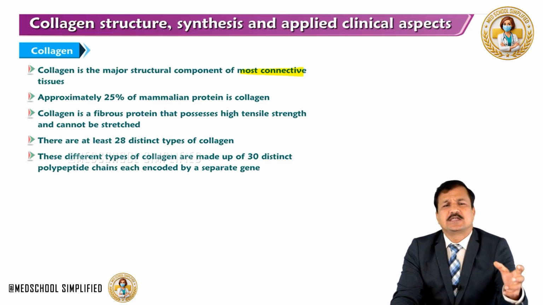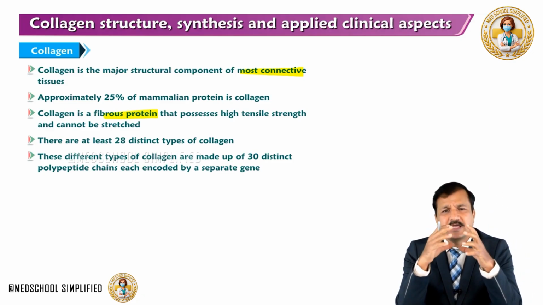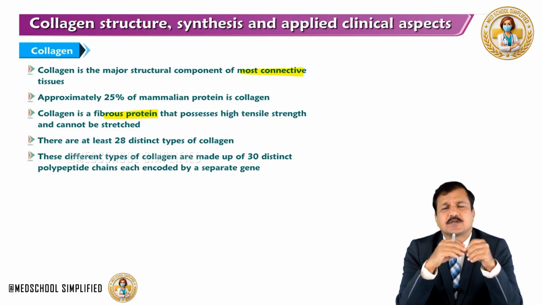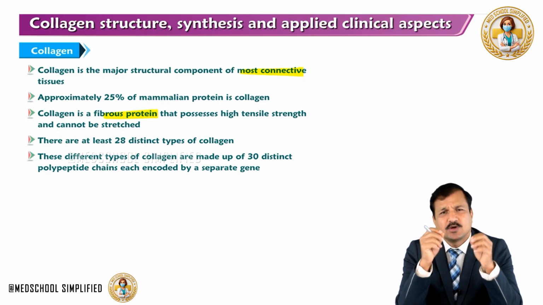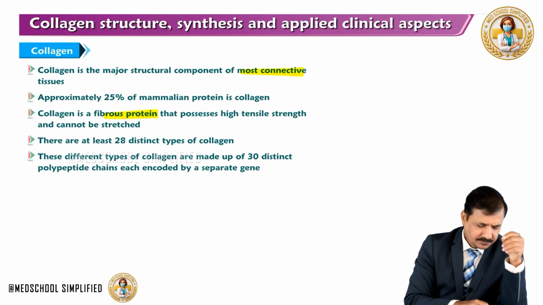Collagen is a fibrous protein that possesses high tensile strength and cannot be stretched. There are at least 28 distinct types of collagen, and all of them are made up of 30 types of polypeptide chains, which are referred to as alpha chains, and each one of them is coded by separate genes.